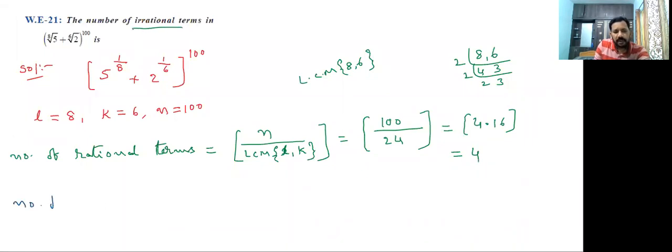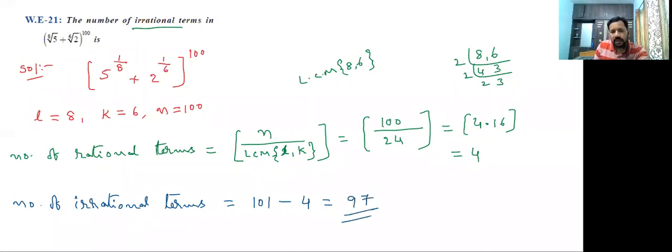Right here, the number of irrational terms is equal to the total number of terms, 101, minus the number of rational terms. So what is the answer? 97. So the number of irrational terms is 97.